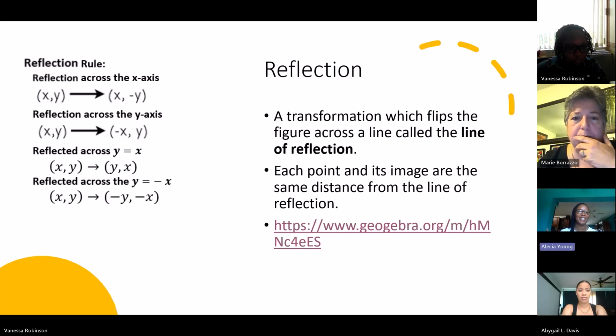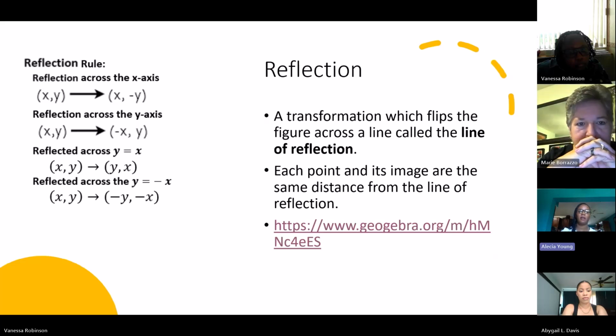You didn't see that. The reflection rules are: if you're going to reflect across the x-axis, the hint is you change y. So if the pre-image was (x, y), the image would be (x, -y). If you're going to reflect across the y-axis, the hint is you change x, you change the sign for x. So if the pre-image was (x, y), the image would be (-x, y).